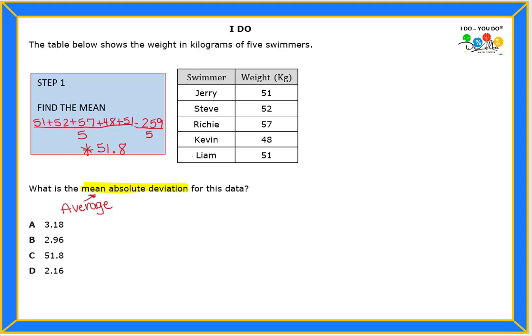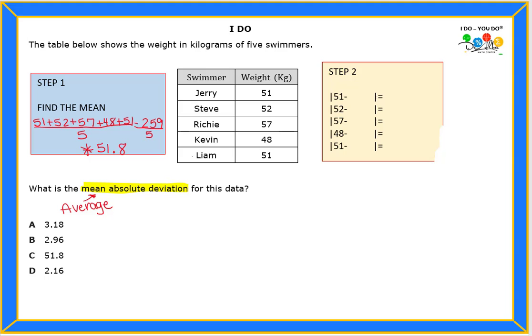Let's do step two. Step two takes a little bit more time. Did you see those little sticks on the side, the lines outside the numbers? Those lines mean absolute value.